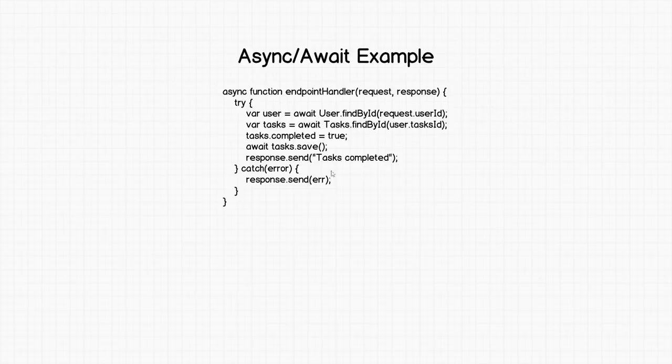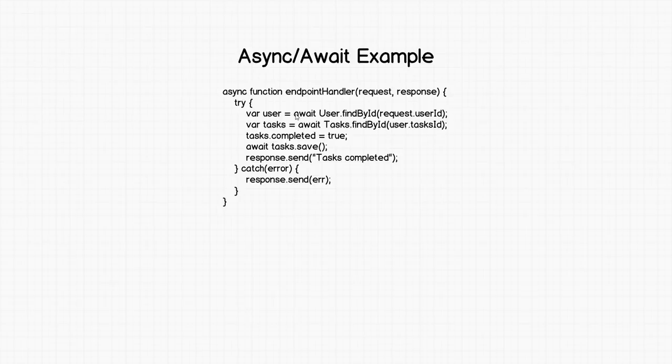We do all of our error handling inside of here, and inside of our try block, what we do next is call this user.findById, and again we pass the parameters that we wanted, but now we write this await keyword in front of it, which tells this function that this operation is an async operation and it's not going to happen instantaneously.